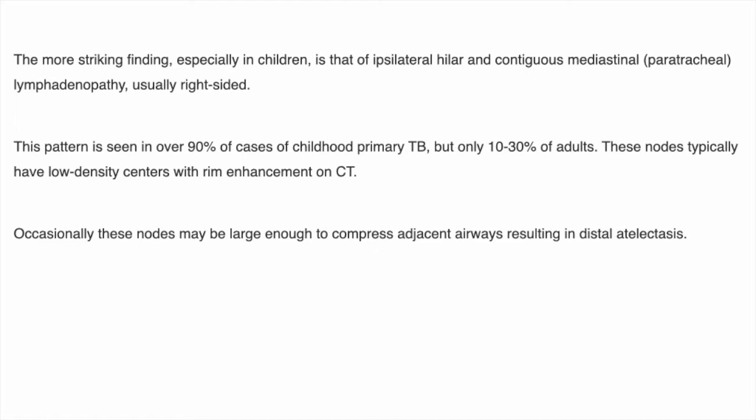The pattern is seen in over 90% of the cases of childhood primary TB, but only 10 to 30% of the adults. These nodes typically have low density centers with ring enhancement on CT.